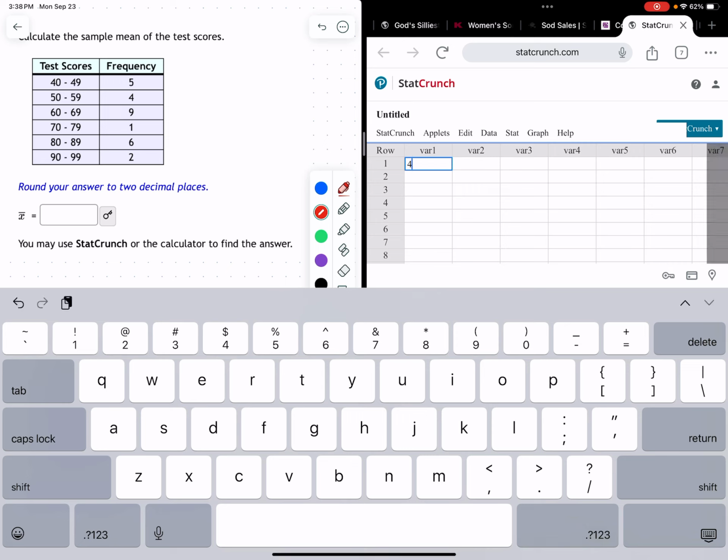If I weren't using an iPad, I could very easily copy and paste my data, but I am using an iPad. So feel free to take this opportunity to, I don't know, let your dogs out, grab a snack, feed your kids, twiddle your thumbs, whatever.